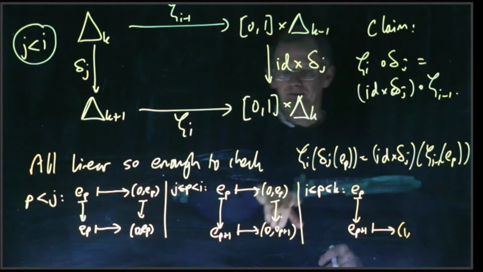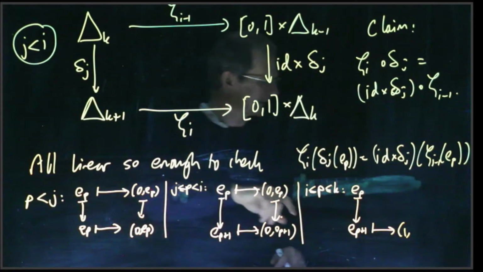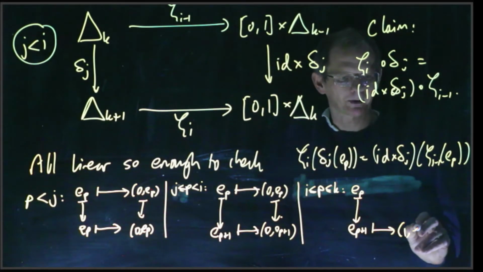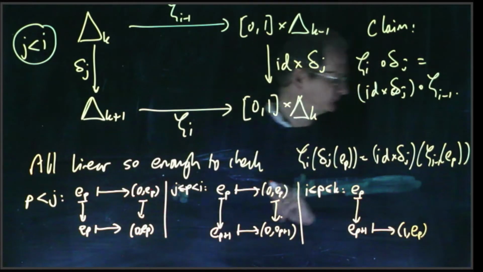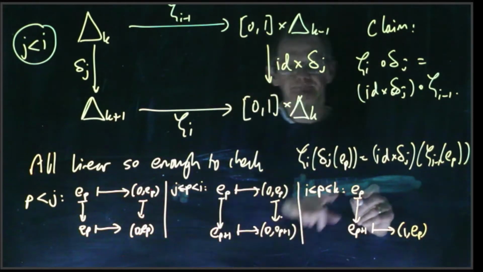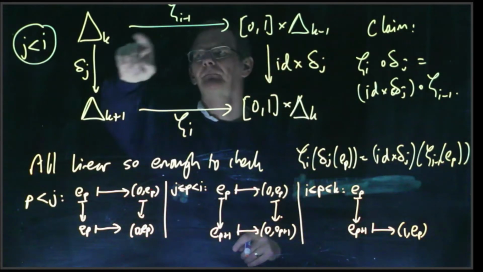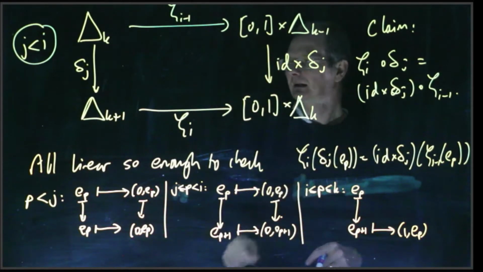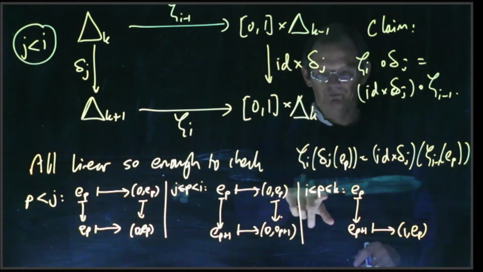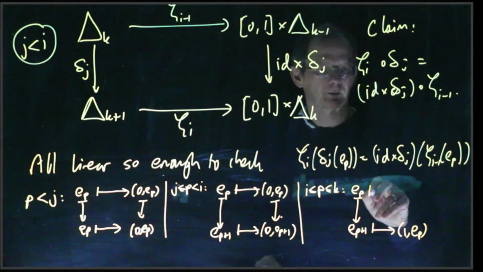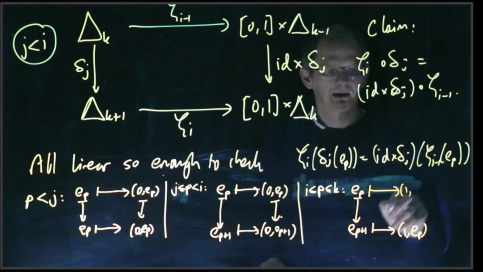But if you think about how zeta I works, because the EI gets repeated, this gets shifted back by 1, so this becomes 1 EP. Whereas here, again, we do the zeta I minus 1 to our EP, so again P is strictly bigger than I minus 1, so we're going up onto the top here.